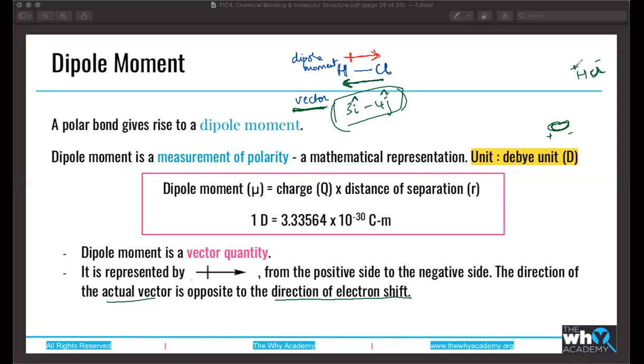So whenever you want to do the physical calculations representative of that, you will need to take the numerical value of the vector. This is what I meant by the mathematical vector quantity. When you're doing actual mathematical calculations, the direction of the vector that you take is opposite of the actual direction of the electron shift.